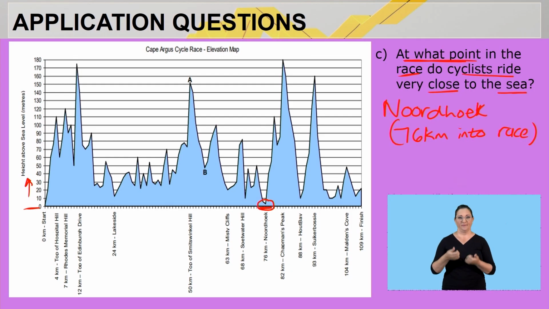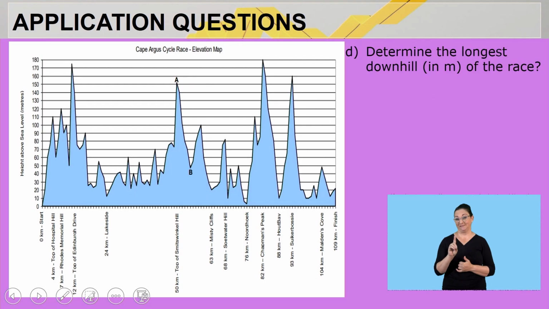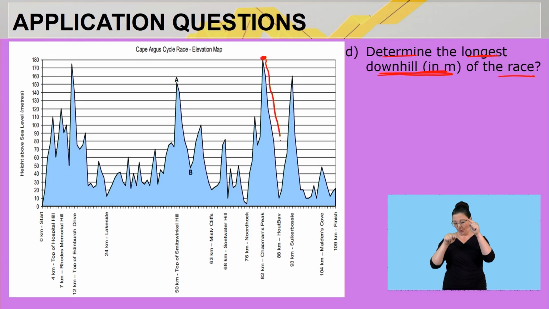All right, I'll now be looking at question number D. Number D says, determine the longest downhill in meters of the race. So the longest downhill, right? That's the highest point, and I can see this will definitely be the longest downhill all the way to this point here. Guys, are we fine? So where do we start with the longest downhill?